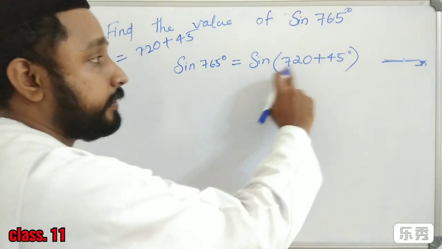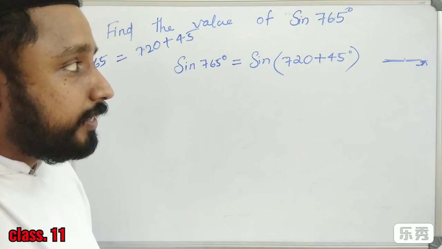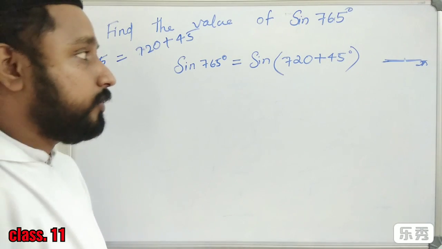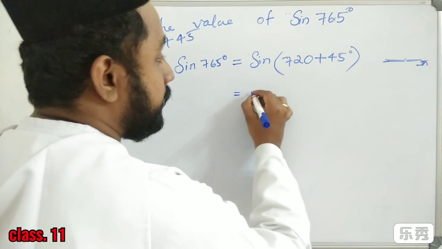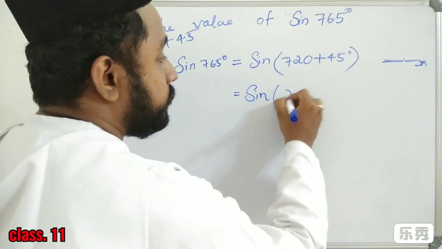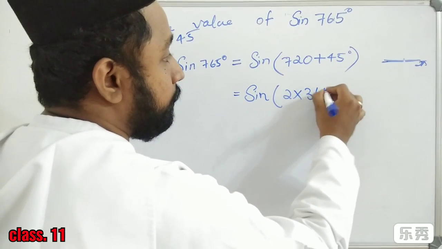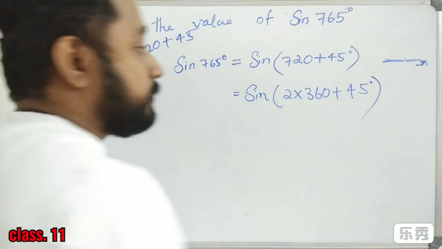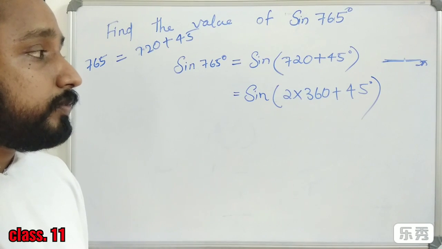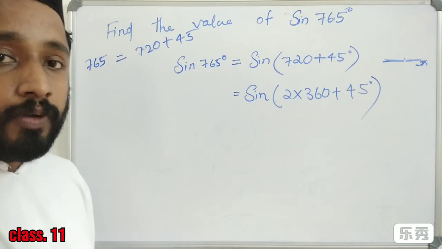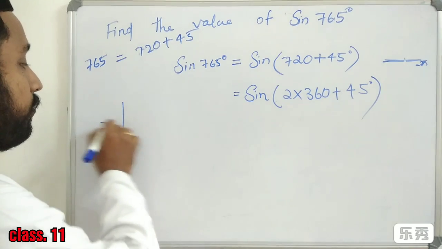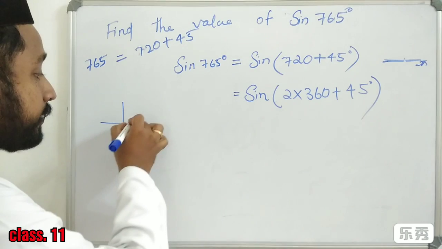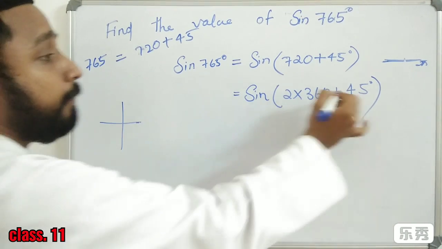There is a reason for writing 720. We know 720 is a multiple of 360, and 360 means one complete rotation. So instead of 720, I am going to write sin of 2 into 360 plus 45 degree. One complete rotation of 360, again one more rotation of 360, then plus 45.